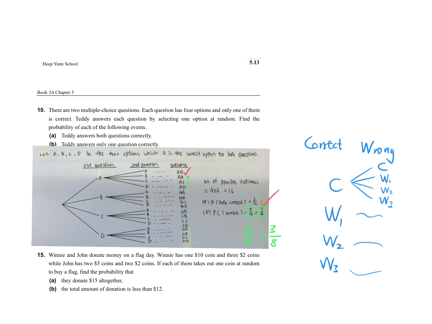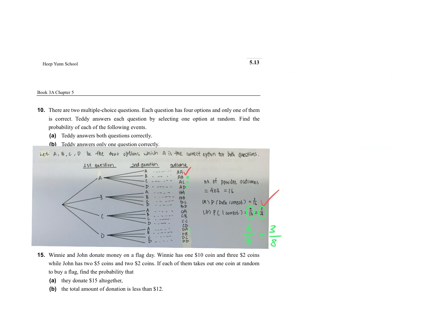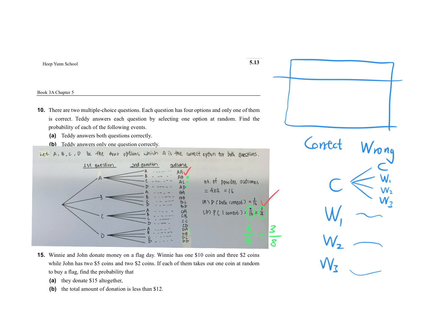So if you draw a tree diagram, it should look like this. One more option is a table. You can still draw the first question and the second question.